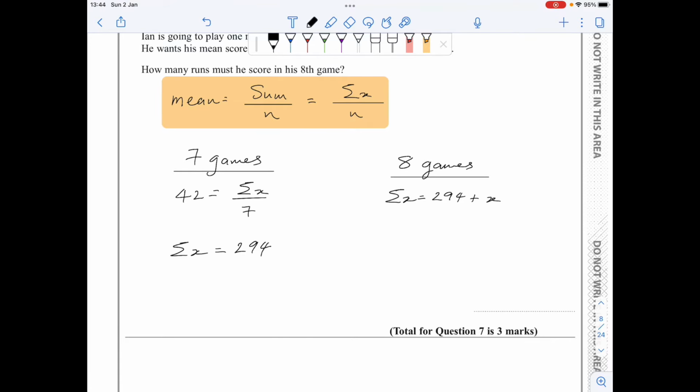So the mean, using the formula above again, is 50 equals 294 plus x over 8. So if I solve this equation, 400 is equal to 294 plus x, and x comes out to be 106.